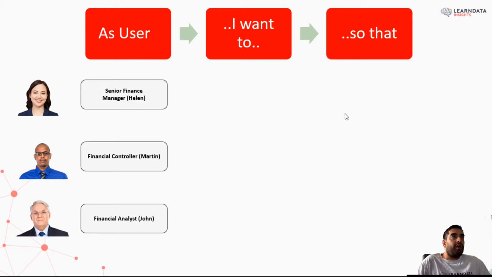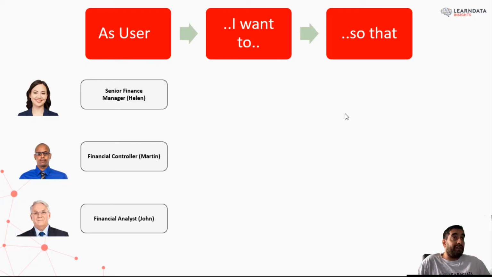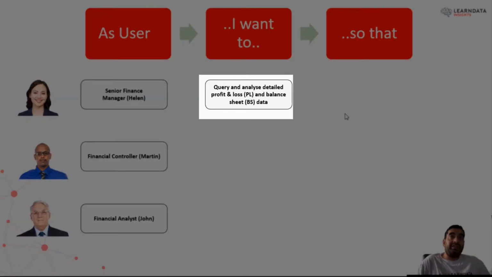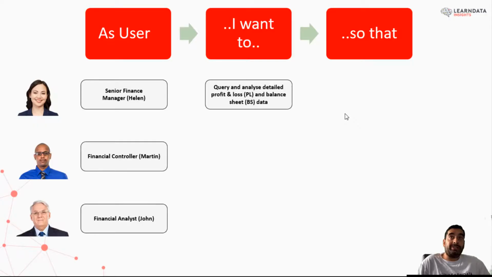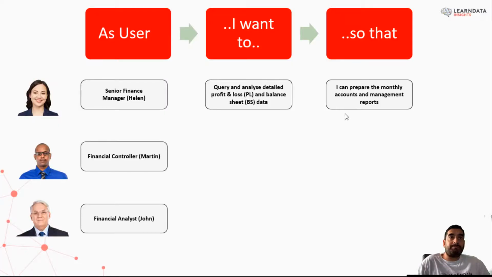We've got 3 individuals here in a finance team who we want to capture user stories for. We've got Helen, who's a senior finance manager, Martin, who's a financial controller, and John, who's a financial analyst. Let's take Helen first. As a senior finance manager, she wants to be able to query and analyze detailed profit and loss and balance sheet data so that she can prepare the monthly accounts and management reports.